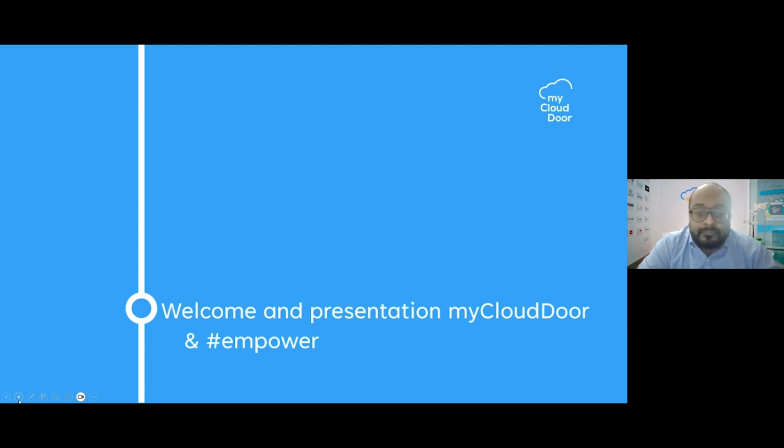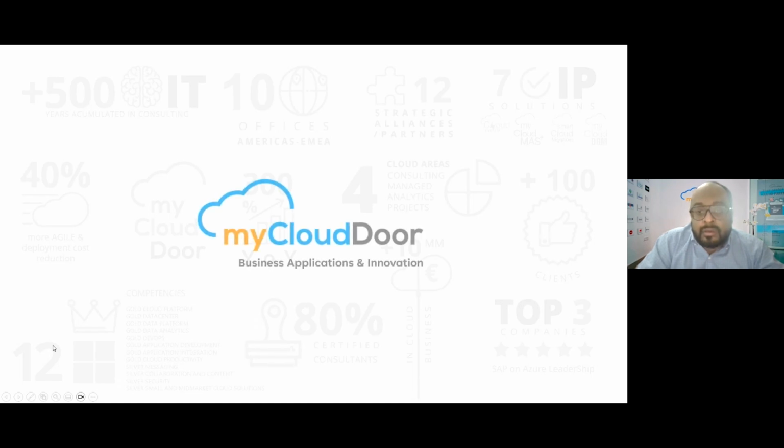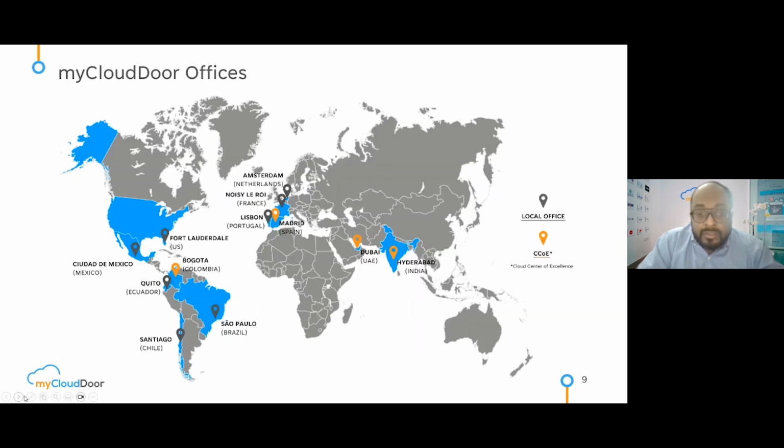So quickly looking into myCloudDoor, Javier, if you can move to the next slide. We've been in formation for over a decade now. Our operational headquarters is in Spain, but we're headquartered in the US.